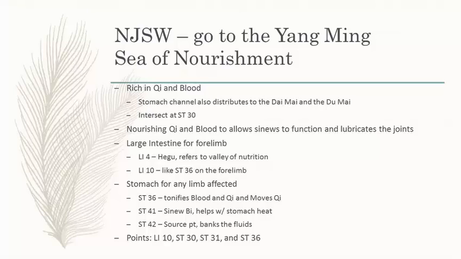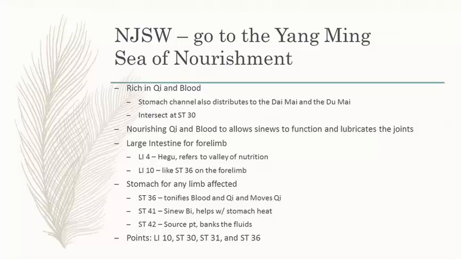So again, there is a connection between the Yang Ming and the Chong, which has a very important connection at stomach 30, which is called Qi Chong. I mean, it's a Qi thoroughfare. And then again, with that relationship at the extraordinary vessel level, at the Jing level, at the level of essence, with the Chong and the Daimai.